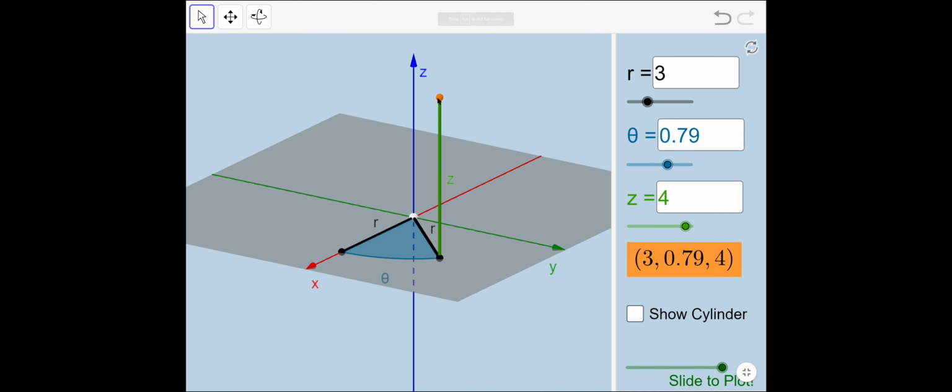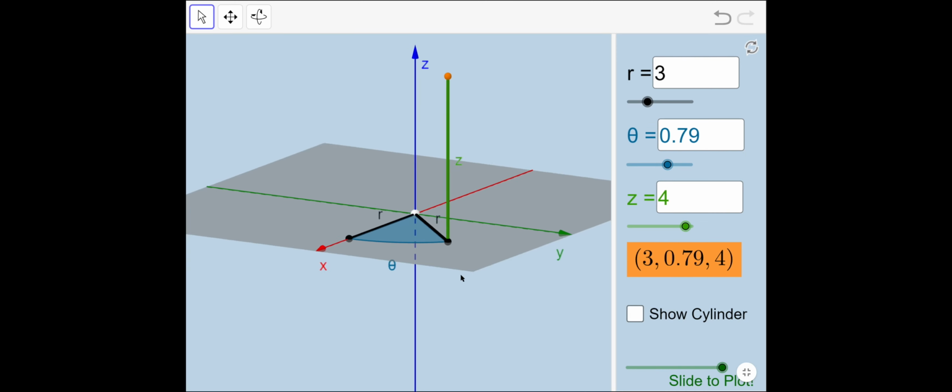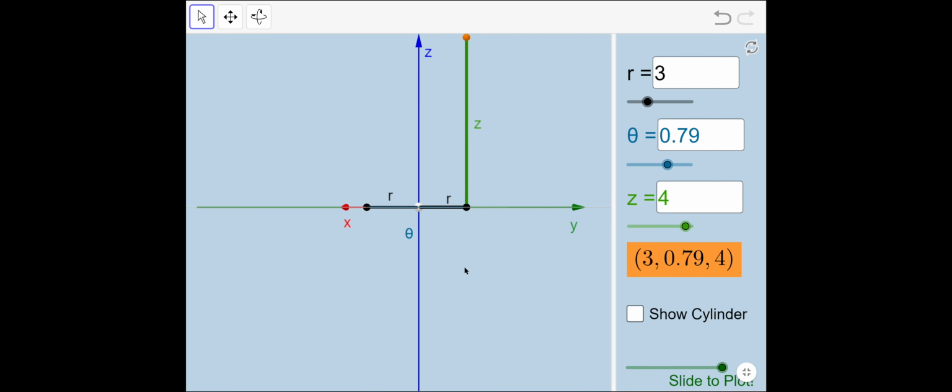Let's look at an example. I have this particular orange point over here, a point in three-dimensional space. You can specify that point by using x, y, and z. The z is just the normal height.